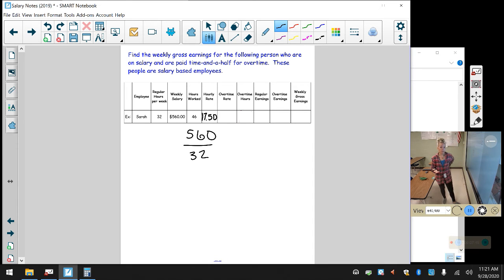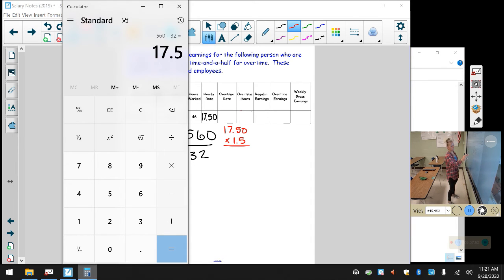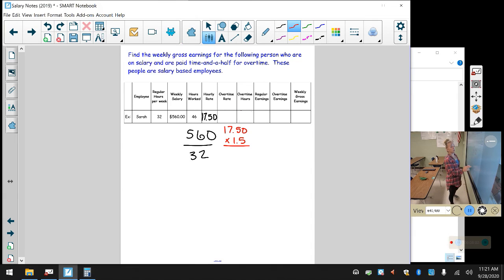Now her overtime rate, I'm going to take that $17.50 and multiply it by 1.5. $26.25.